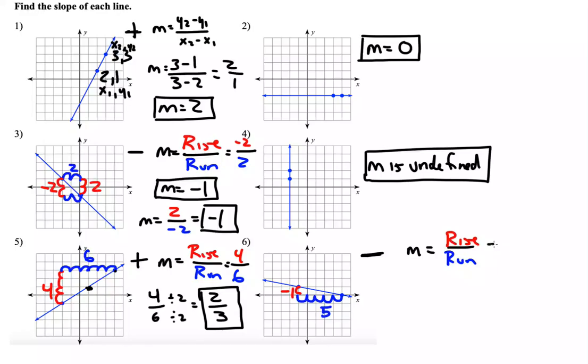So this is going to be equal to -1 over 5. So my final answer is just going to be, I can't reduce that or anything, m equals -1/5.